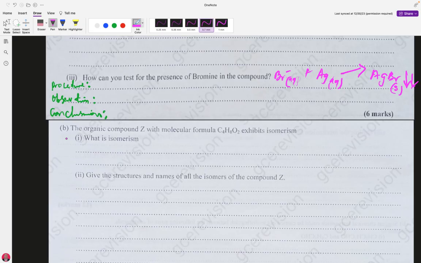You should know that in the word isomerism, iso means the same.